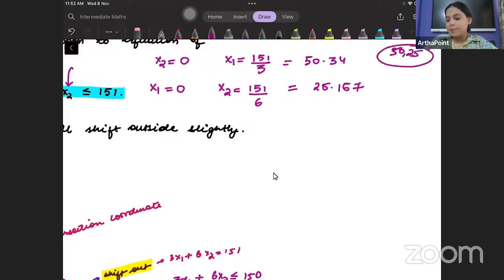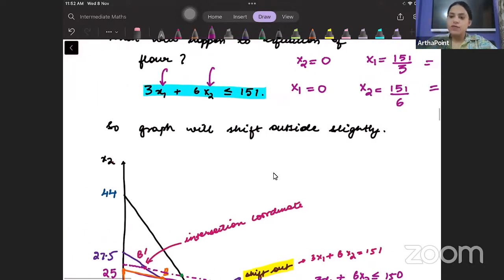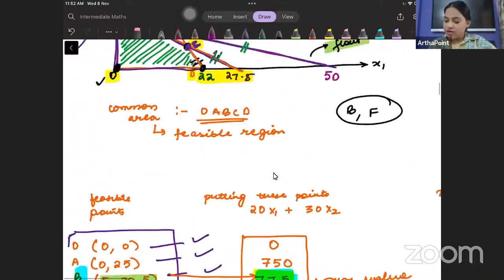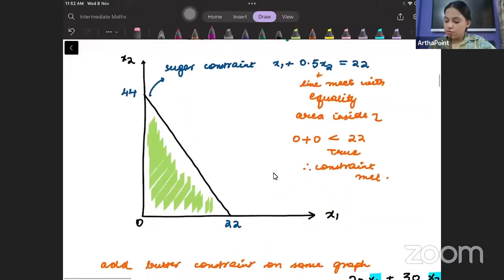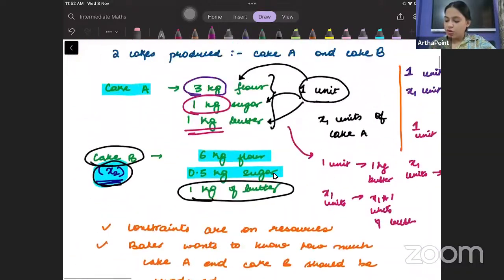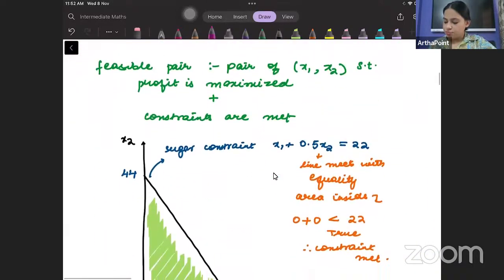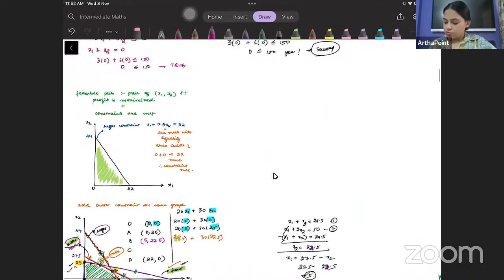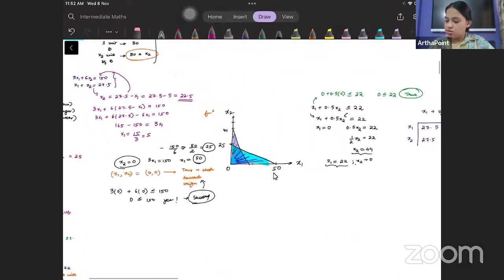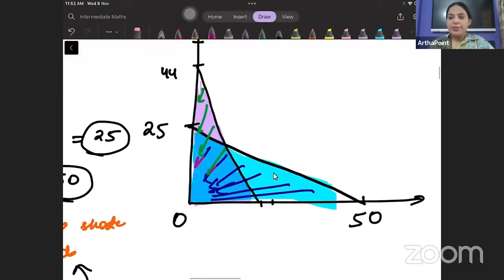If you can clearly see, earlier my intercepts were 50 and 25. ये मेरे intercepts थे. Now my intercepts are changing. They are 50.3 and 25.16. That means there is going to be a shift to the right. ये बात clear हुई? So if I go back to my plotting where I had plotted this, this is what I had plotted yesterday.